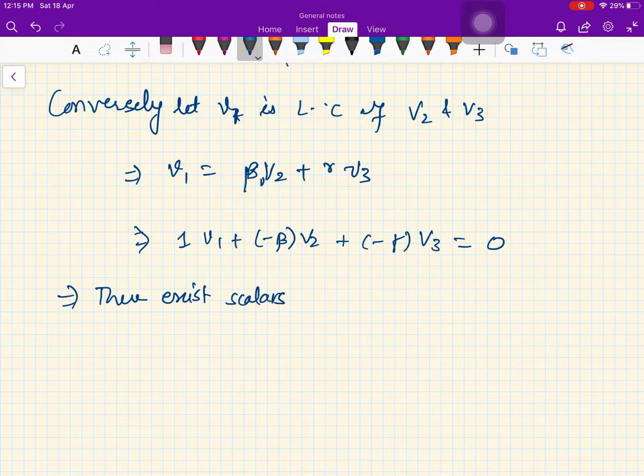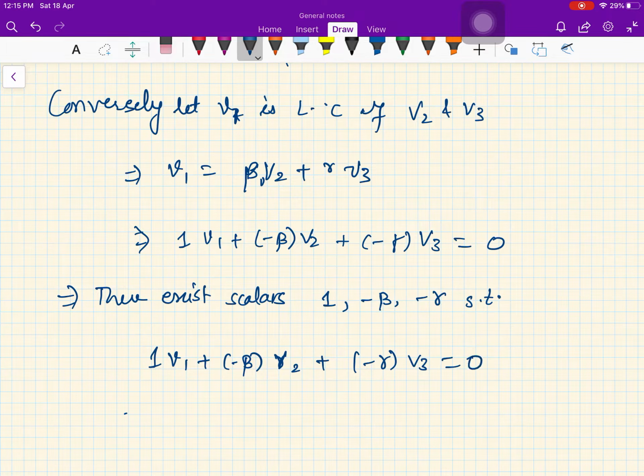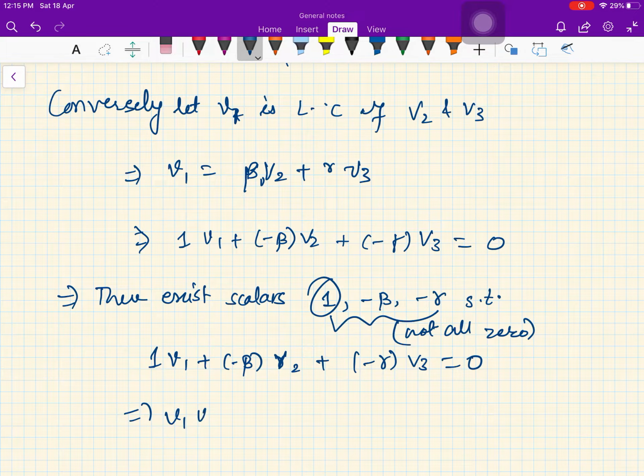So it means that there exist scalars 1, minus beta, minus gamma such that 1 into v1 plus minus beta into v2 plus minus gamma into v3 equal to 0. These are not all 0 because 1 here is non-zero. Right? It implies v1, v2, v3 is a linearly dependent set.